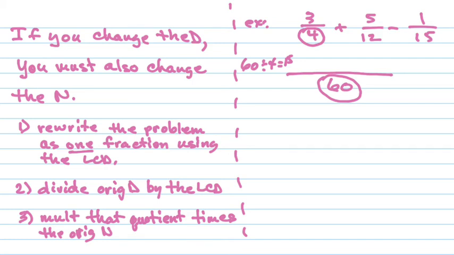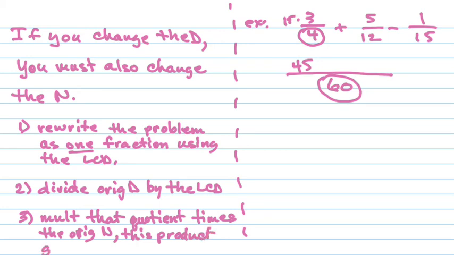So my quotient was 15, so I'm going to take 15 times 3, and what does that give me? 45. Yeah. And that goes down here. That's your new numerator. This product, again, I'm using math words. Product means multiplication.